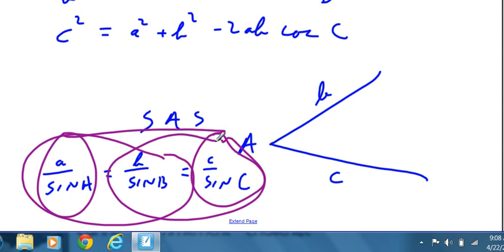So I can't solve it using the law of sines.